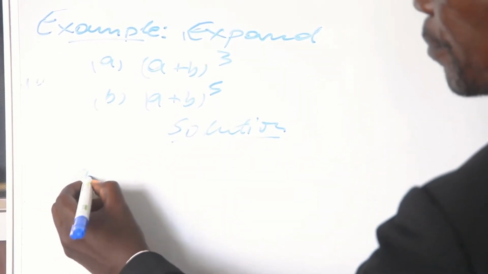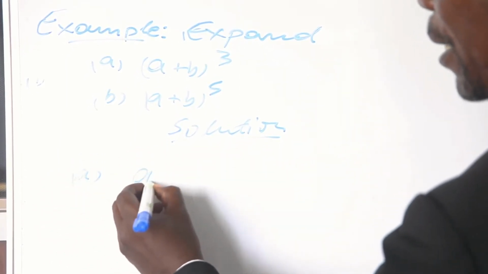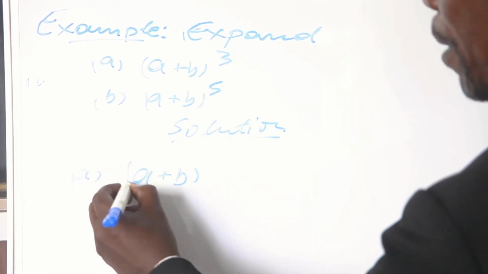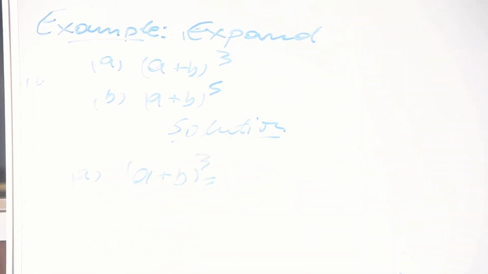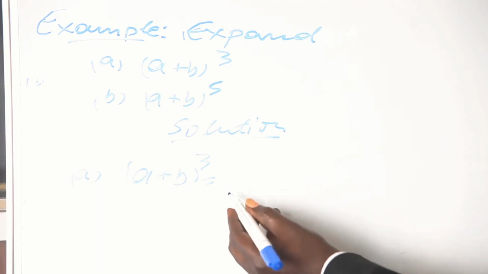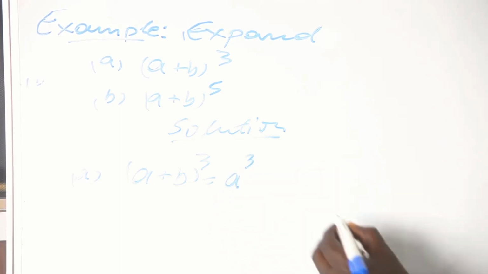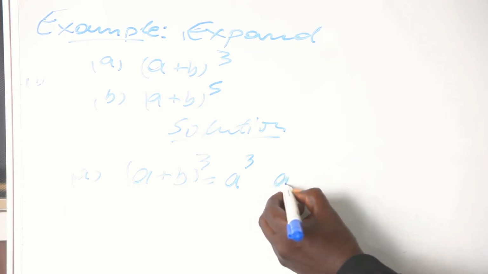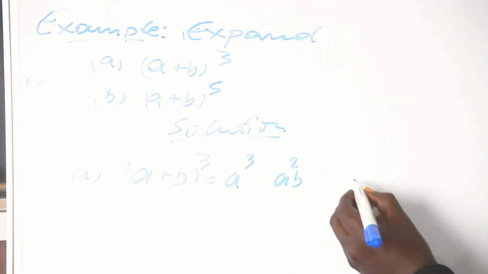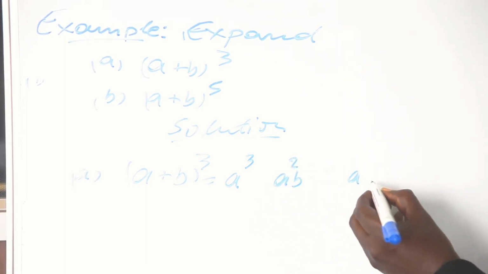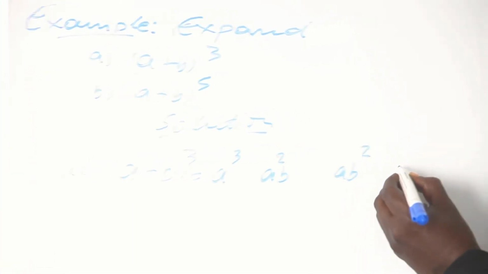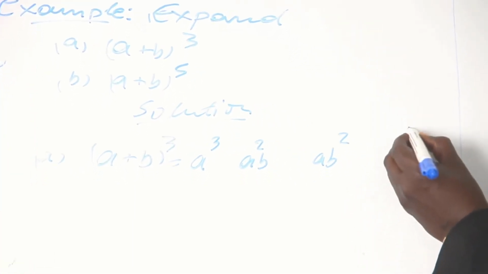A. We have A plus B, power 3. We write it like this. Start with the highest power. This is A power 3. This one will be A power 2, B. Then we have A power 1, B power 2, and lastly B power 3.